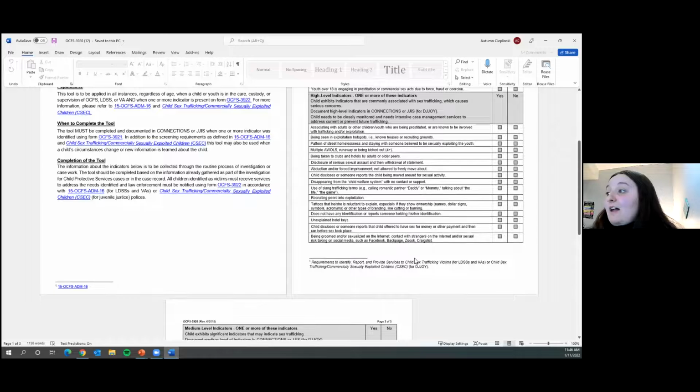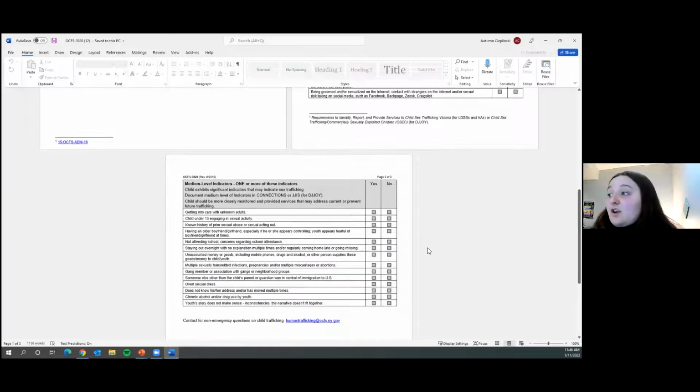And then medium level indicators: getting into the car with unknown adults, a child under 13 engaging in sexual activity, a known history of prior sexual abuse or sexual acting out, having that older boyfriend or girlfriend, not attending school. That is a big one that I see, and it's definitely important to submit that on the form if there is that concern.